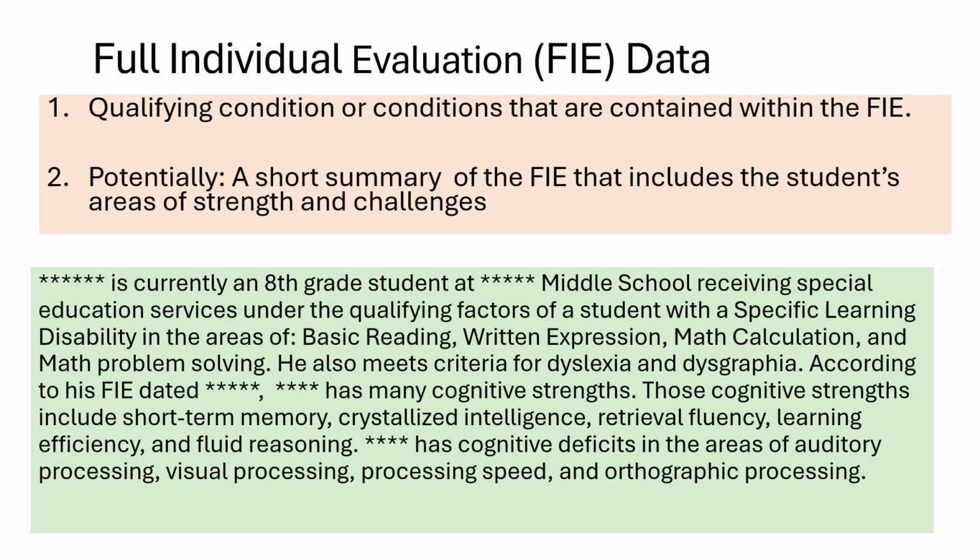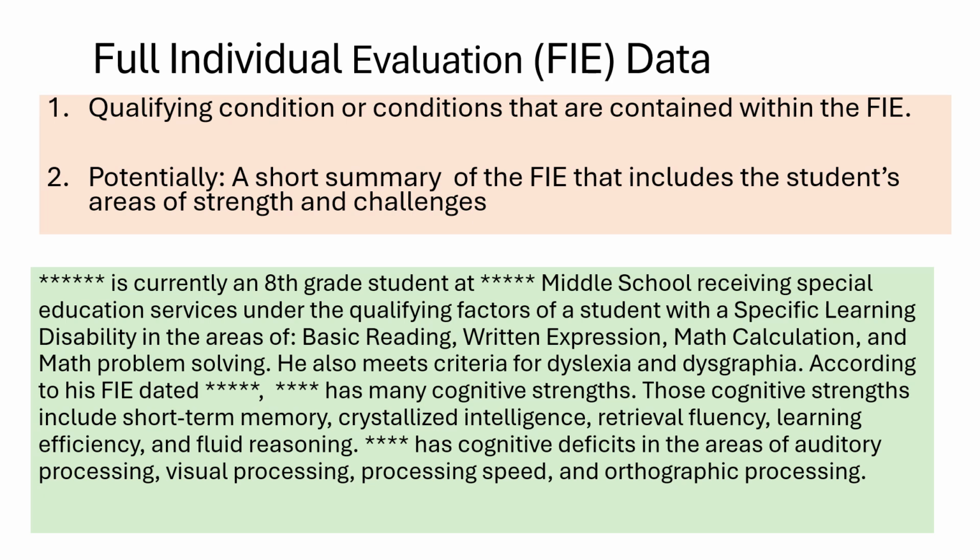In order to paint a rich tapestry of the student, we need to know why the student qualified for special education. So there will be information from the full individual evaluation, known as the FIE, and if a child had an FBA, functional behavior assessment, that data will also be contained within the first part of the PLAAFP statement.